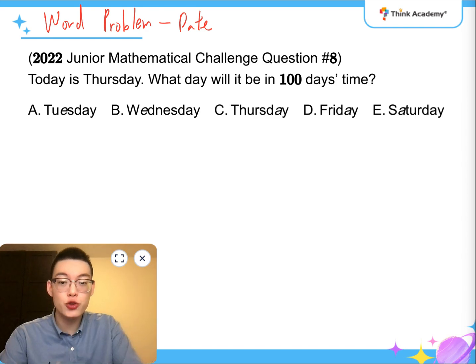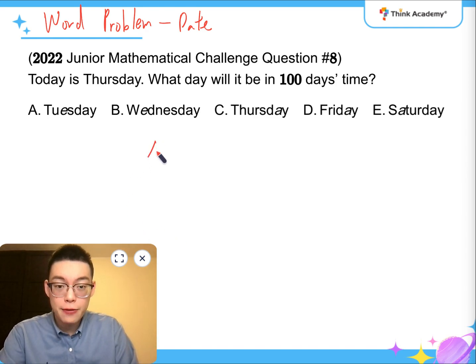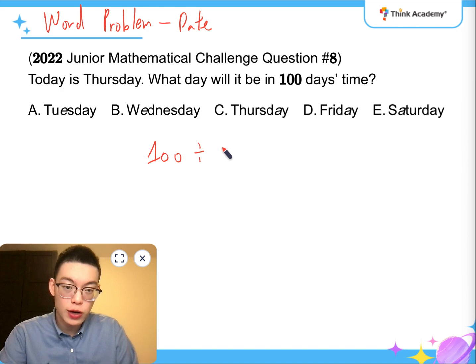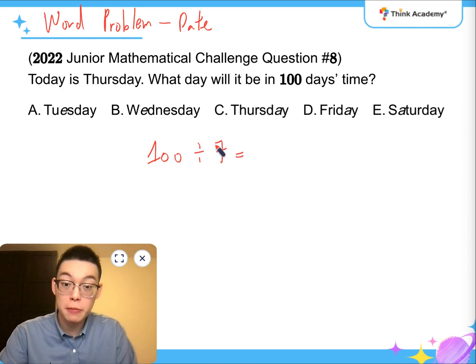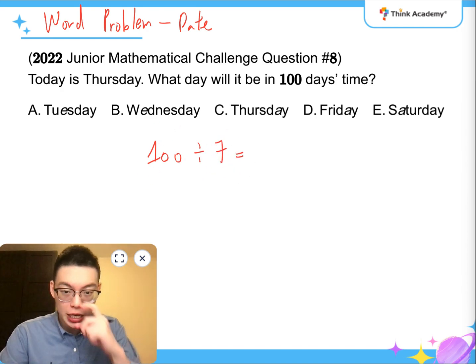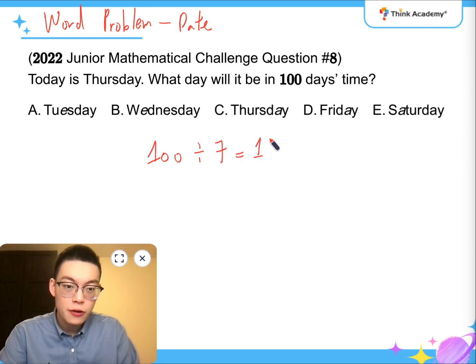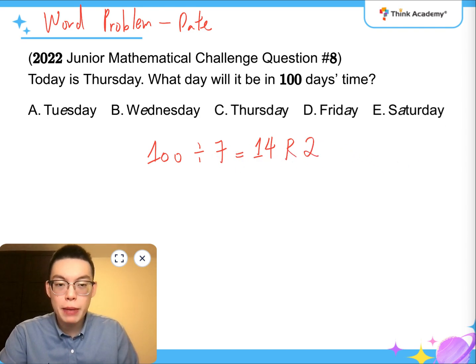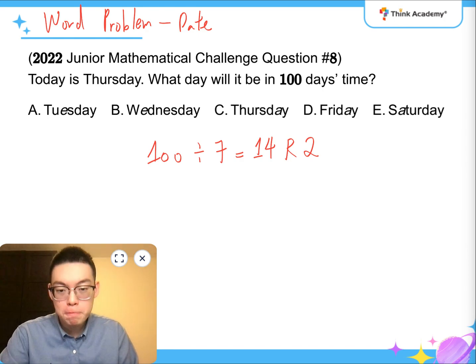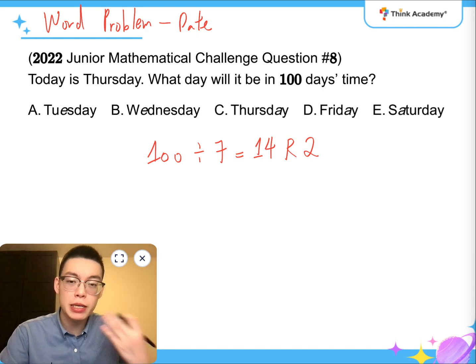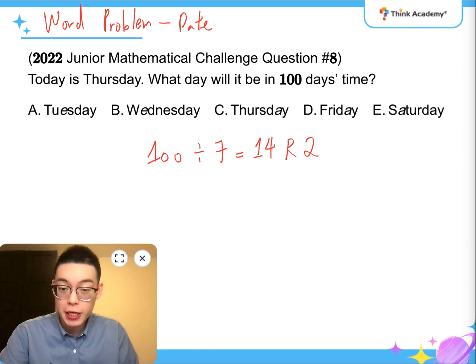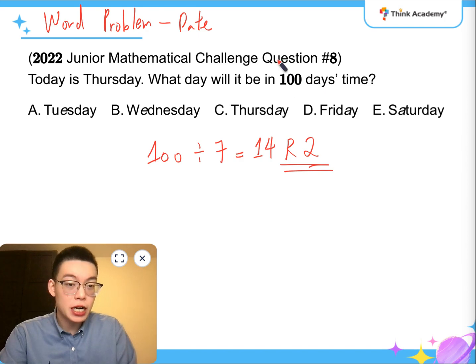So if it is 100 days later, then first of all, we can just try to group the sevens by dividing, such that I know there should be 14 complete weeks. 7 times 14 is 98. So there's going to be a remainder of 2 days. So after 14 complete weeks, it is still a Thursday, but the remaining 2 days means that after 100 days, it's going to be 2 days after Thursday.